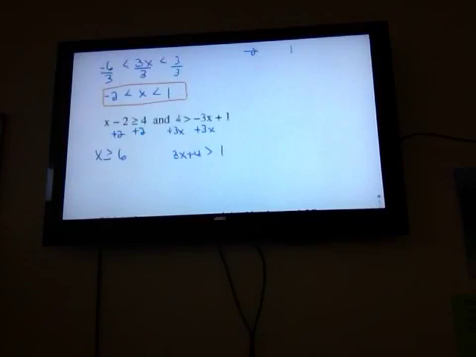I'm going to bring the 3x to the left side, and now I'm going to bring the 4 over to the other side. So I'm going to subtract 4, and then divide by 3. And x is greater than negative 1.